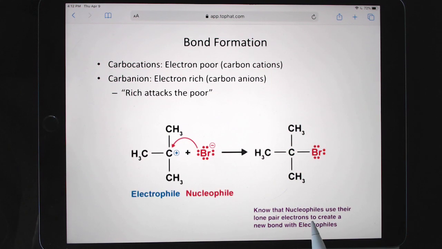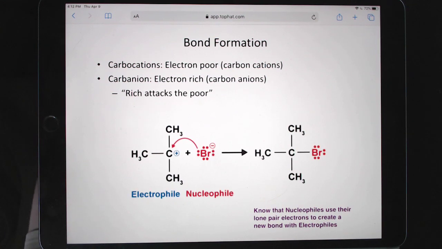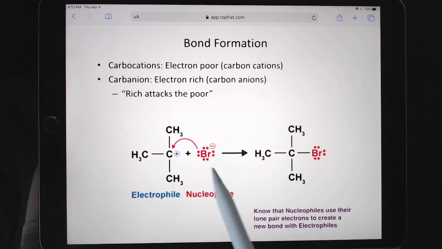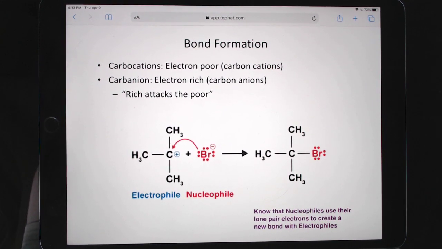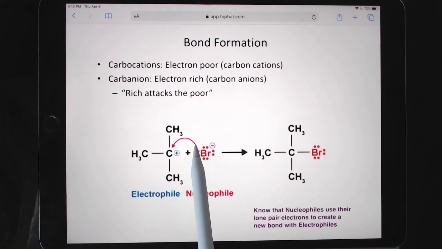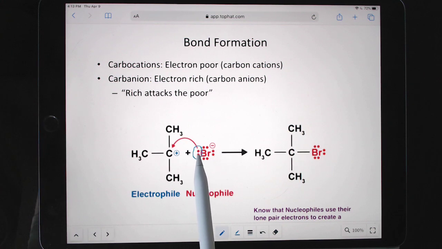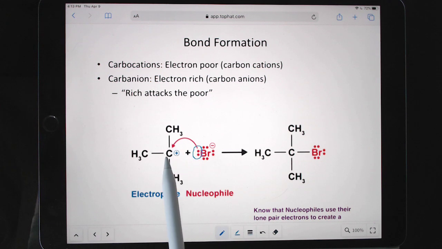Now, know the difference between a nucleophile and an electrophile. A nucleophile has a lone pair, because it wants to make a new bond, so it's going to have negative character. It either has a negative charge or is at least the negative part of a polar covalent bond. The nucleophile takes one of its lone pairs, it doesn't matter which one, and makes a bond to the electrophile, the thing with positive character.